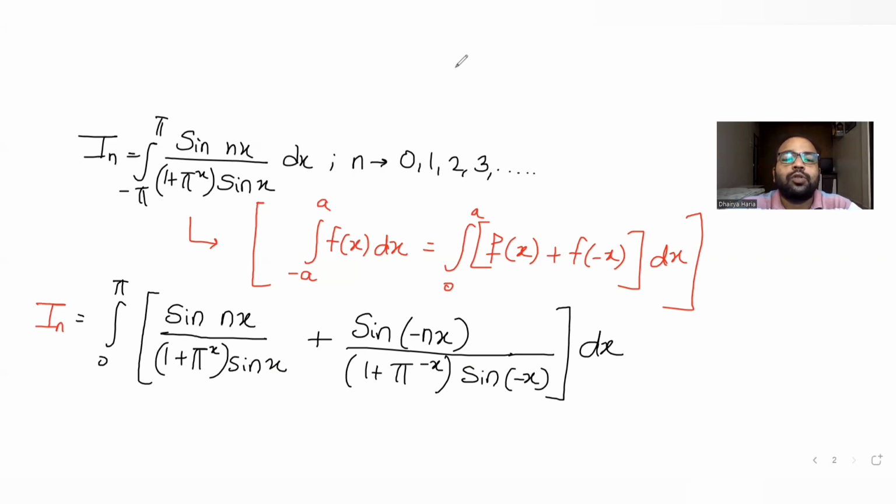Now I can use the idea that sine of minus theta is nothing but minus sine theta.